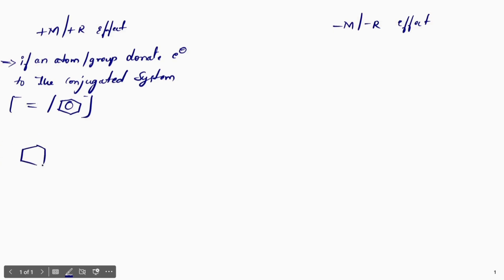Take a benzene ring to which NH2 is attached. So what happens here? Nitrogen has a lone pair of electrons. Yes, this lone pair of electrons is involved in the resonance.